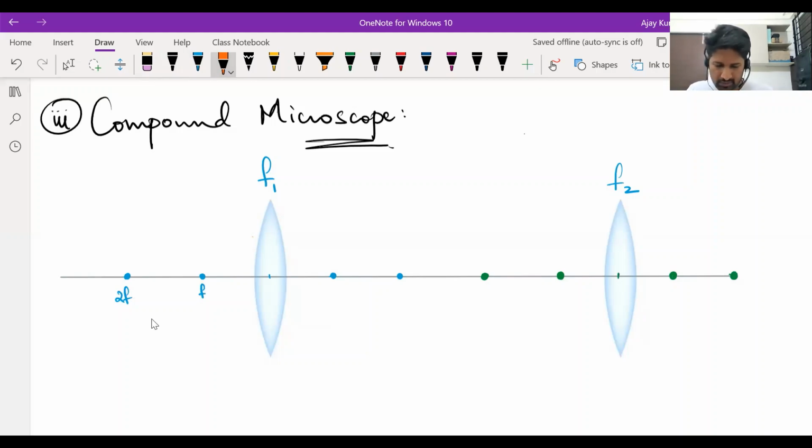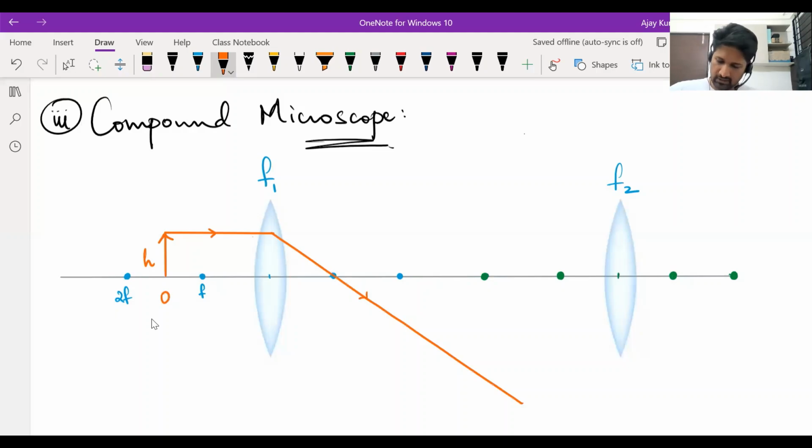If you place the object between f and 2f, let's say this is the original object of height h. Basic ray tracing we will do. We draw one ray parallel to the principal axis. After refraction, it will pass through the focus on the other side. So that's how it goes.